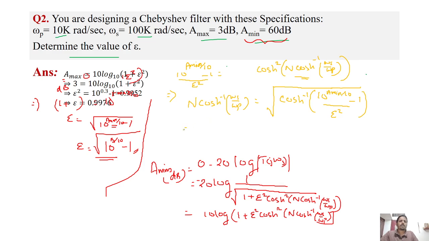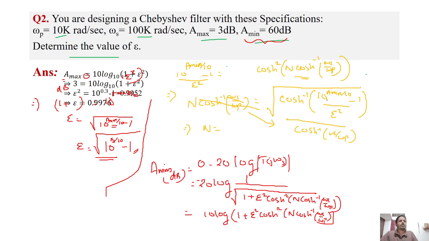Okay, so from here, what is n? n is equal to, I can bring this down in the denominator, so this by cosh inverse of omega s by omega p. So this is the value n.